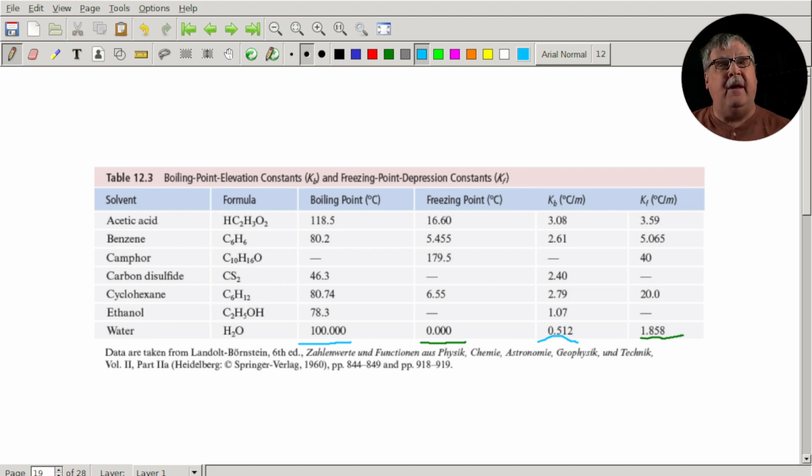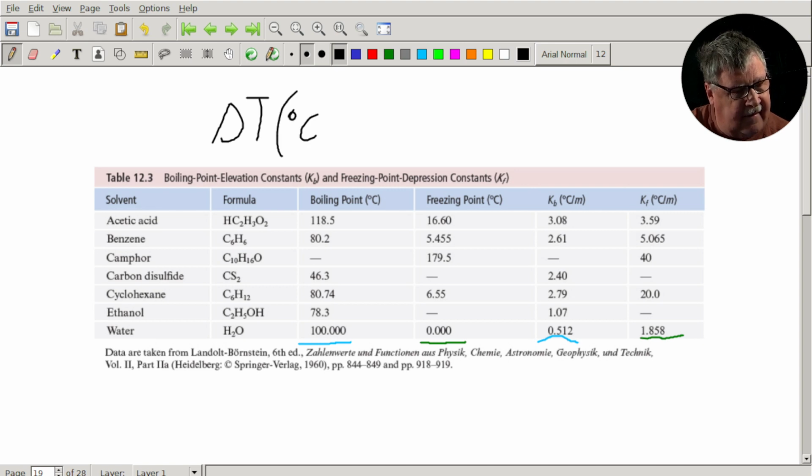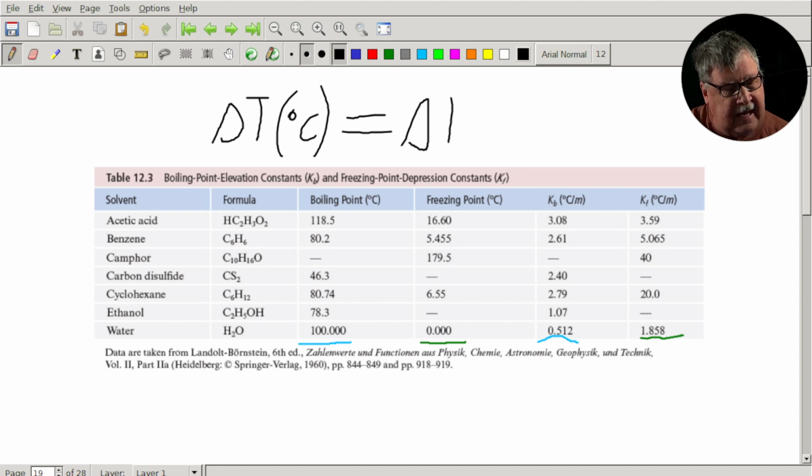One of the other things you want to remember, and I think we touched on this before, is that delta T in degrees Celsius and delta T in kelvins are exactly the same. Let's write it down. A delta T in degrees Celsius is the same as a delta T in kelvins.